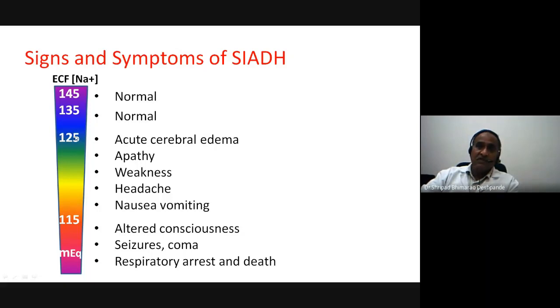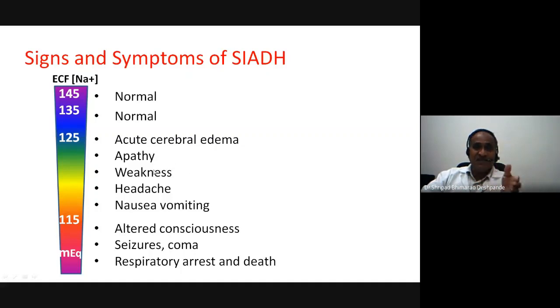When the sodium concentration falls below 125 milliequivalents, there is an acute cerebral edema, which results in apathy or behavioral changes, disinterest of the individual, lassitude, and not participating in any of the things.